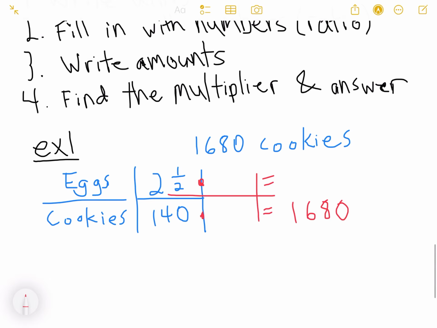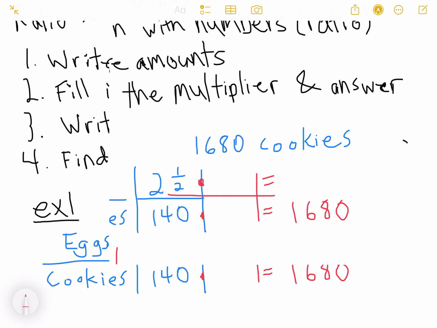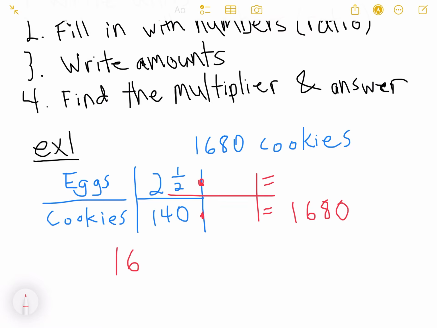So what is 1,680 divided by, you probably guessed it, 140? If I divide this out, I get 12.